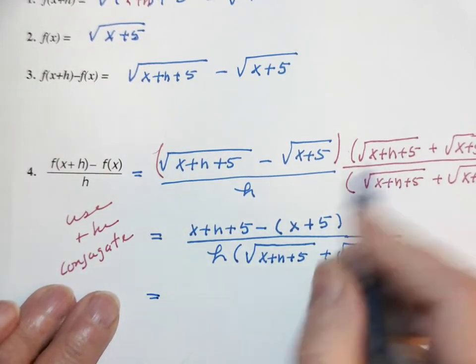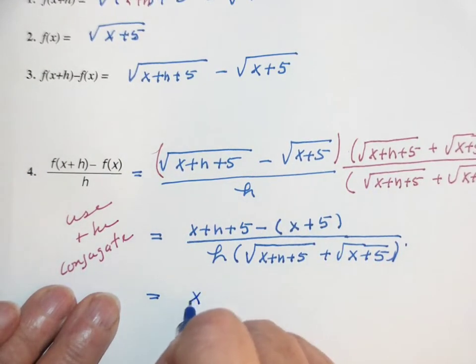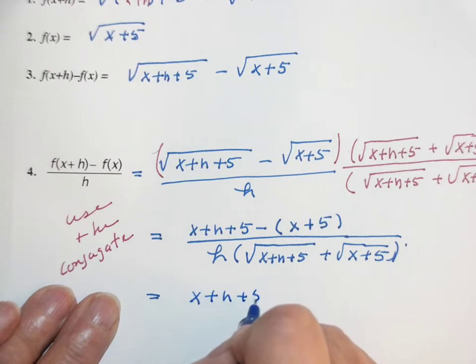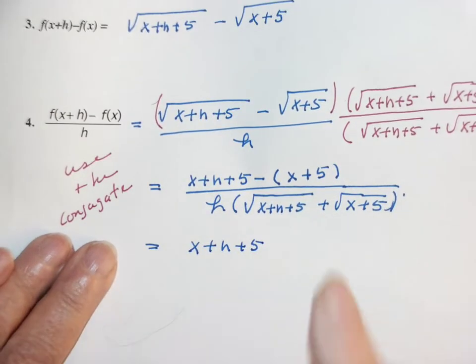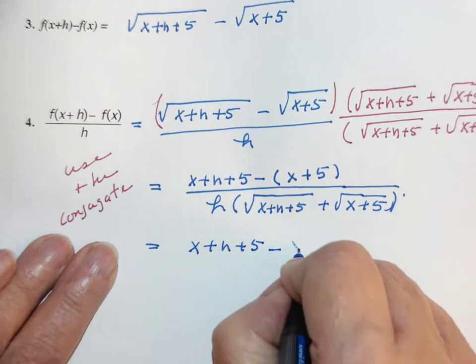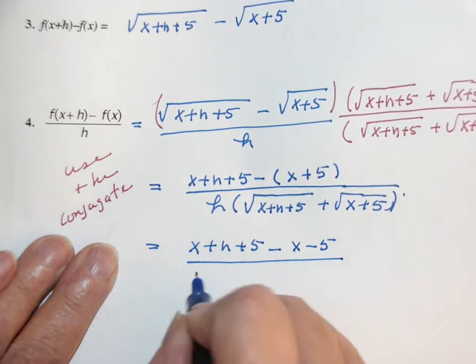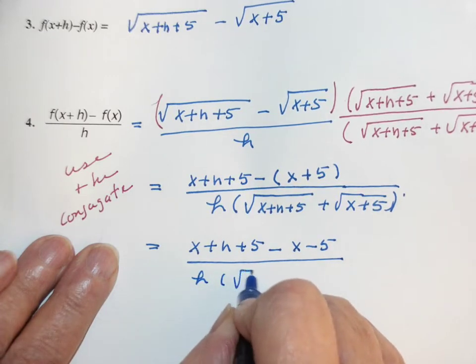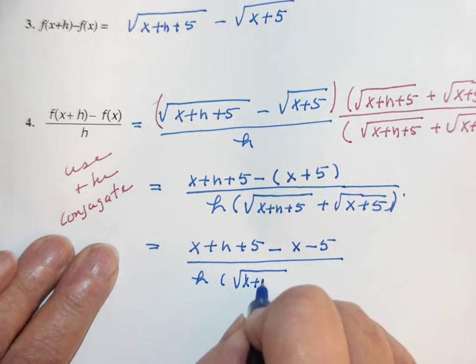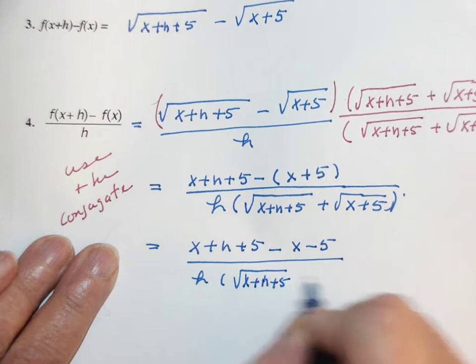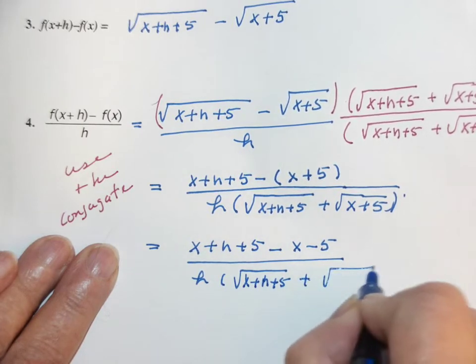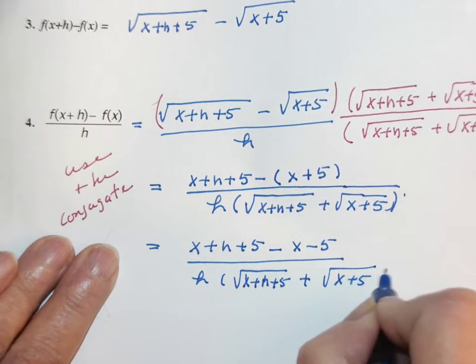This equals x plus h plus 5, subtract x, subtract 5, all over h times the square root of x plus h plus 5, add the square root of x plus 5.